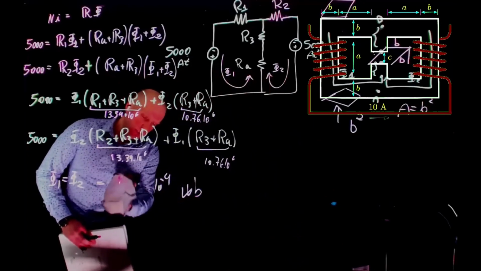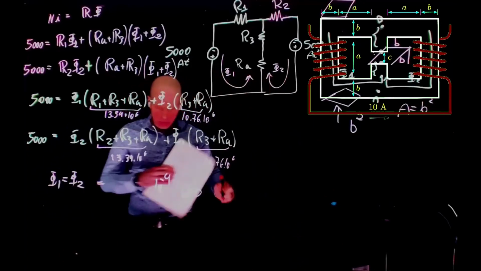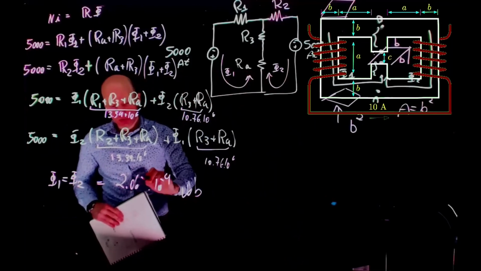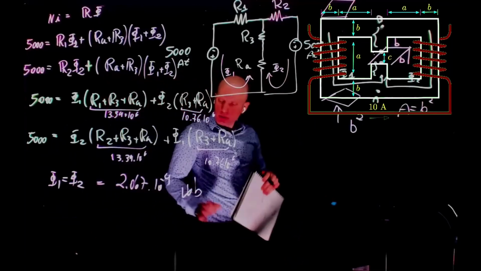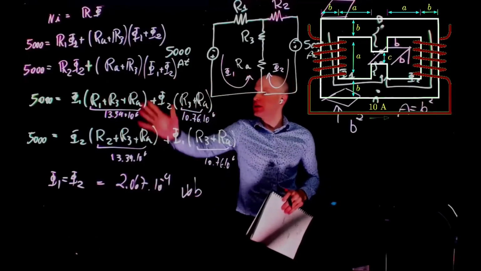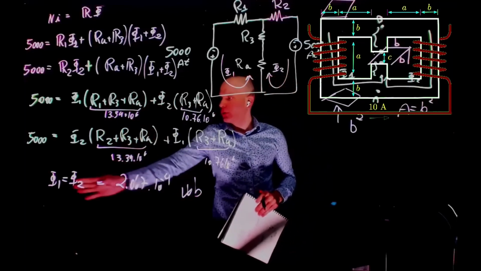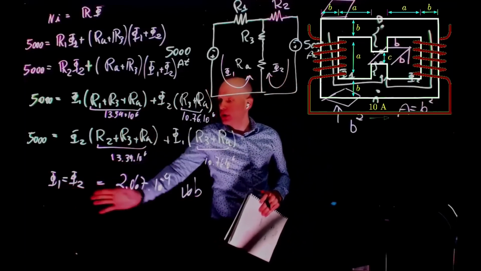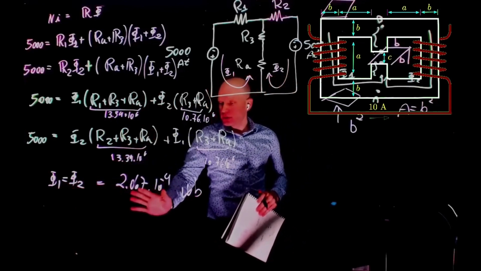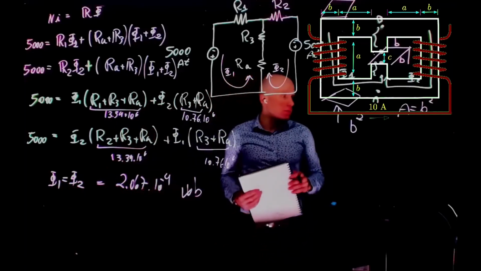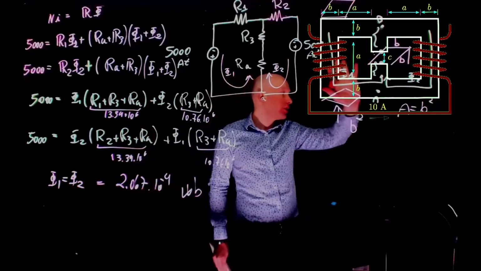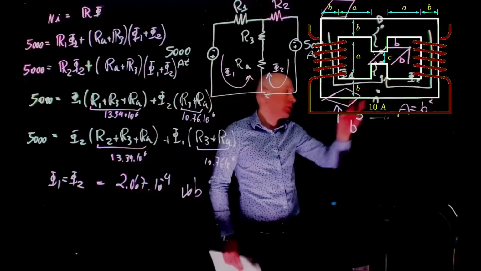This is actually the sum of them. This is half of that, 2.067 times 10 to the power of -4. Right, a simple system of two equations we solve for. We'll notice that phi1 equals phi2, 2.067. This makes perfect sense because if you look at our diagram here, everything is symmetric, so phi1 and phi2 are the same.